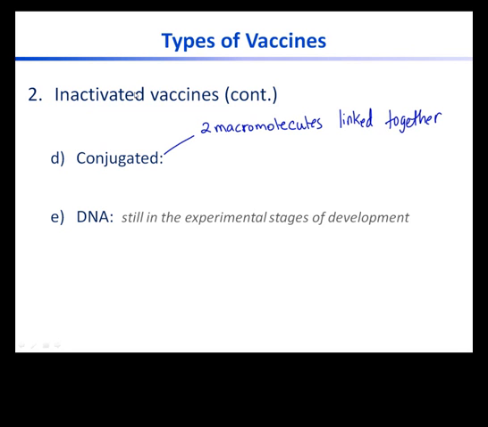Examples include vaccines that protect against bacterial meningitis, such as Haemophilus influenza type B or the Hib vaccine. And also the pneumococcal vaccine that protects against Streptococcus pneumoniae.